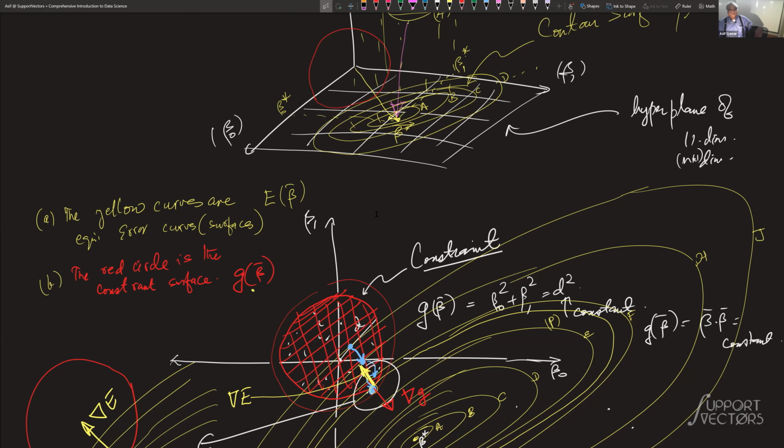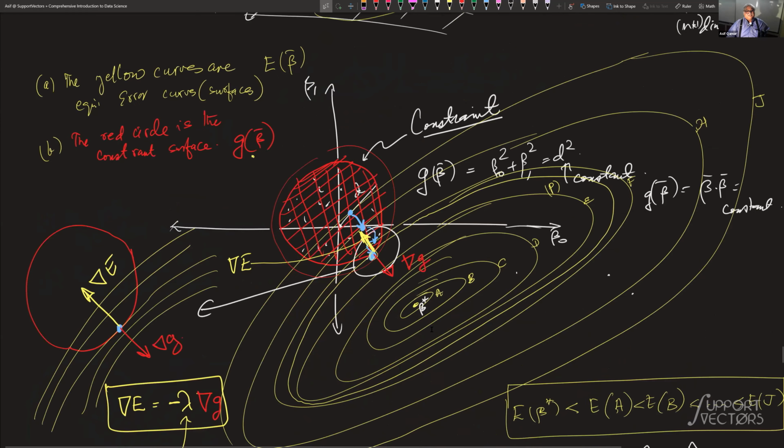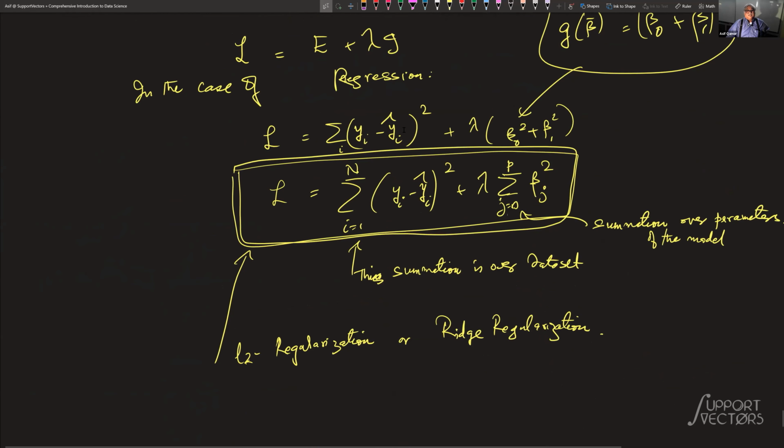Why ordinary least squares? Because the loss function is the same as the error function, the sum squared error function. It does not contain the other term. When you put in the other term, it is regularized regression. So what we were doing till now was ordinary least squares regression, namely unregularized regression.